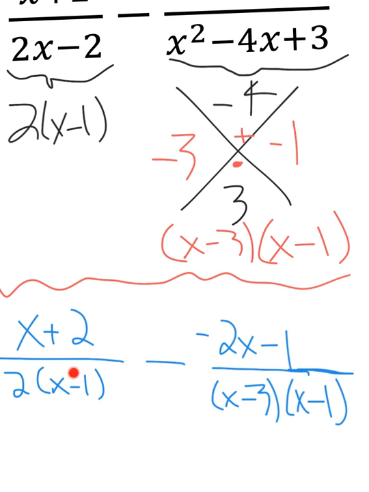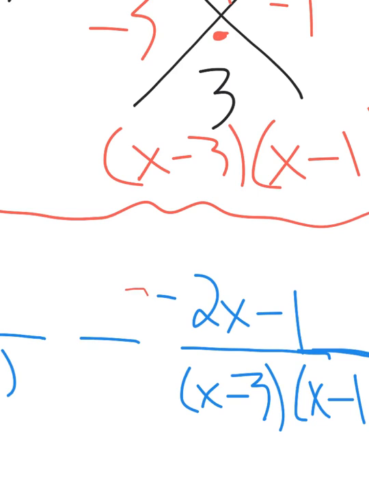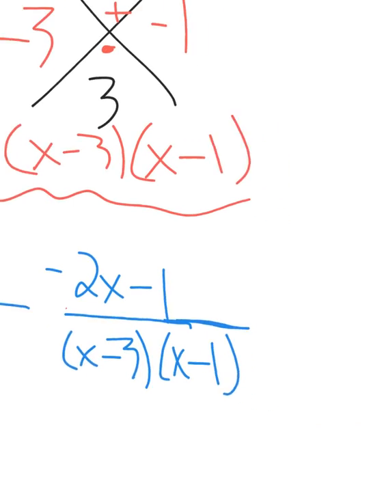So let me just rewrite our fraction right now. I went ahead and rewrote it in blue here with our factored denominators. Let's look at what we have. This is 2 times (x - 1). This one also has an (x - 1), it just doesn't have a 2 in front. So we can make it have a 2 in front if you multiply it by 2 over 2. That looks kind of crammed, so I'll erase that and put it on the other side.